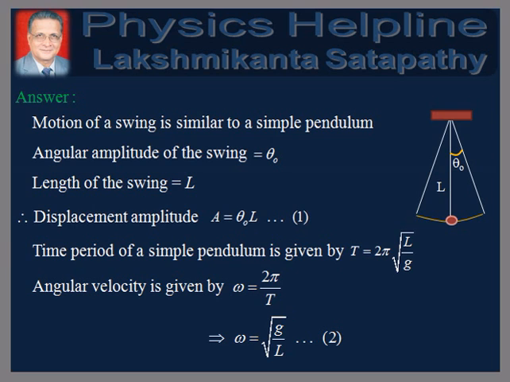Now, time period of a simple pendulum is given by T is equal to 2 pi root over L by g.